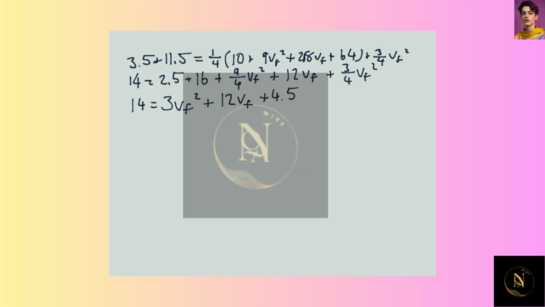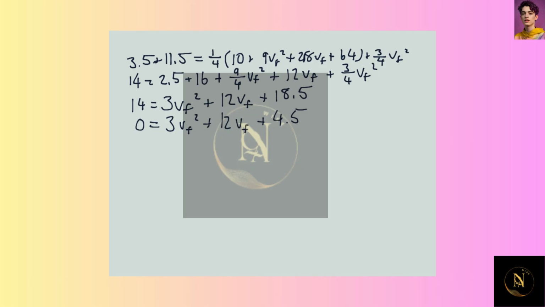So let me write that out for you as well. So we have to make sure that this is equal to 0 before we can do that. 3VF squared plus 12VF, and then 18.5 minus the 14 is 4.5. Jumped ahead of myself a little bit there. Okay.